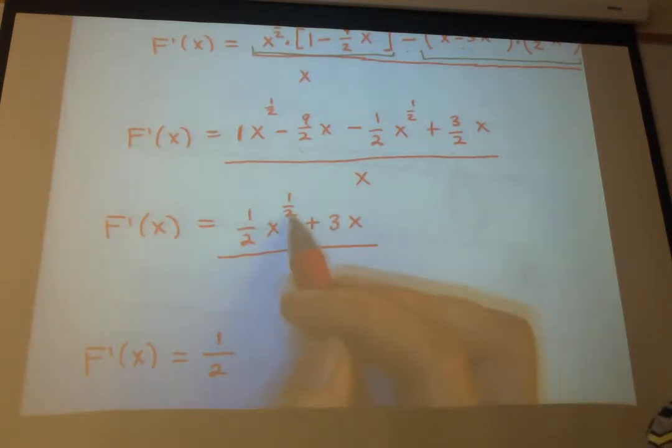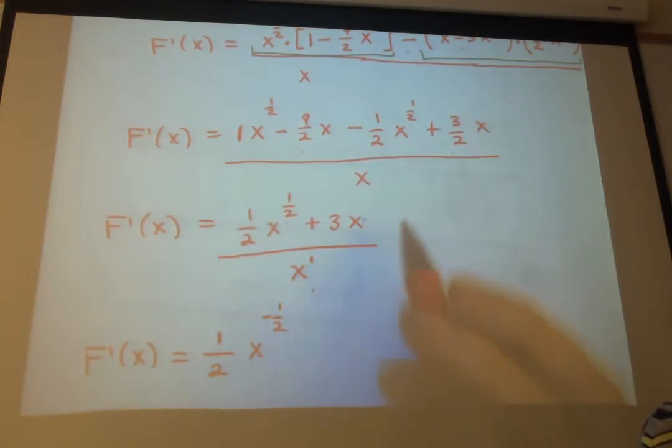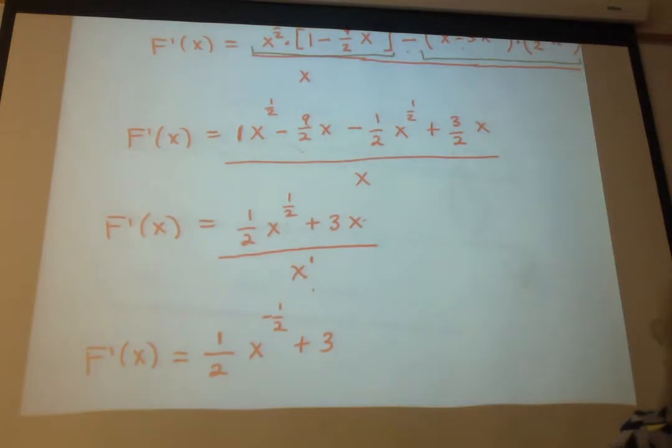So we'd have 1/2 minus a 1, which would be, so good, x to the negative 1/2, and then the x's cancel, plus 3. Okay.